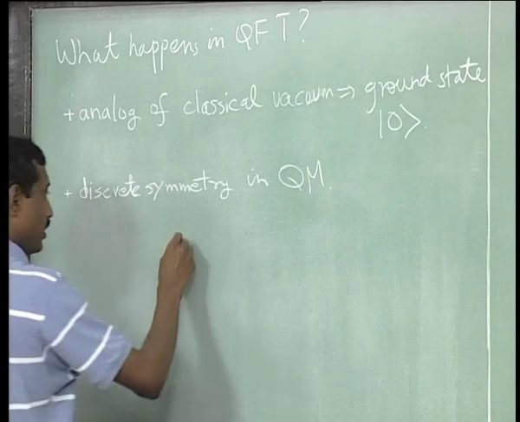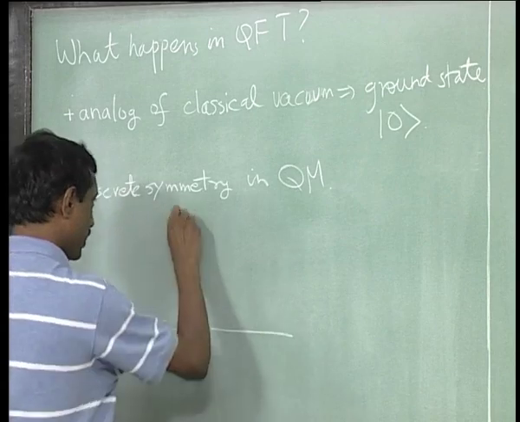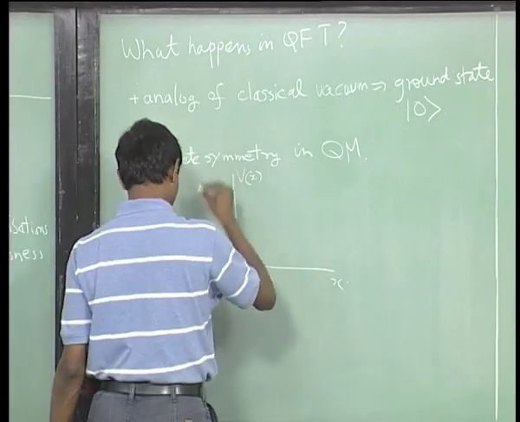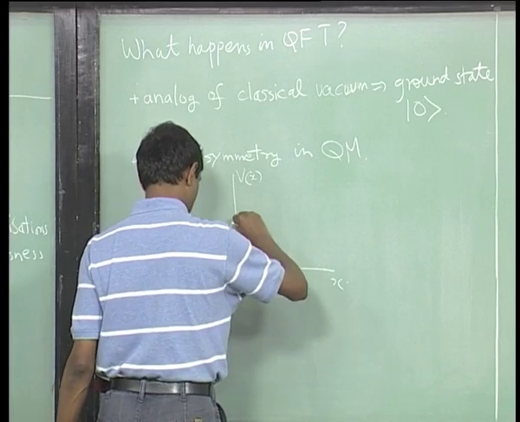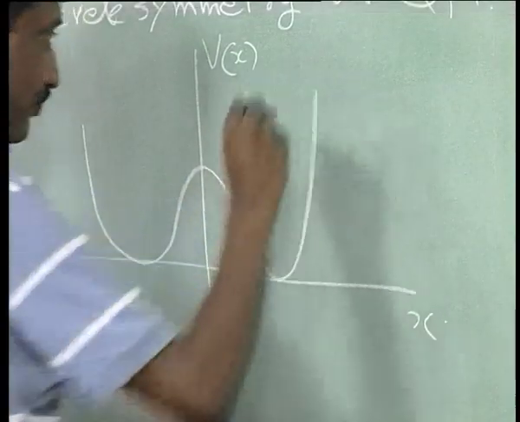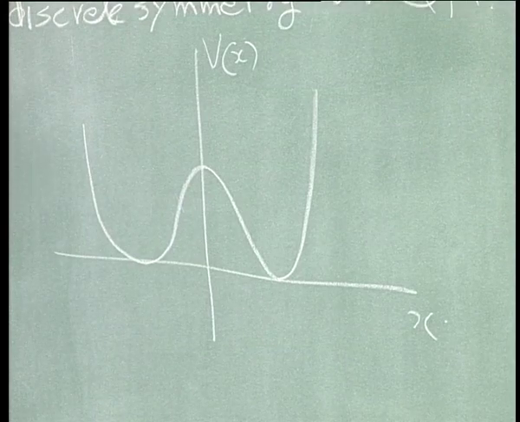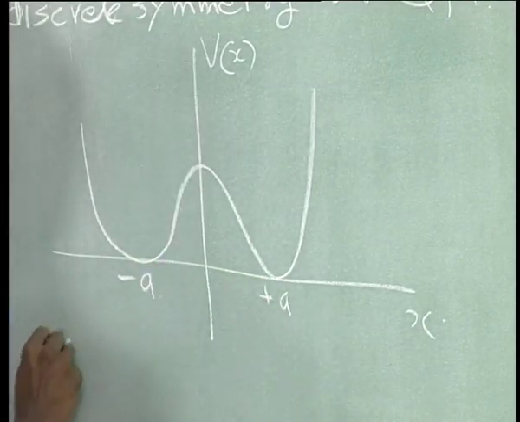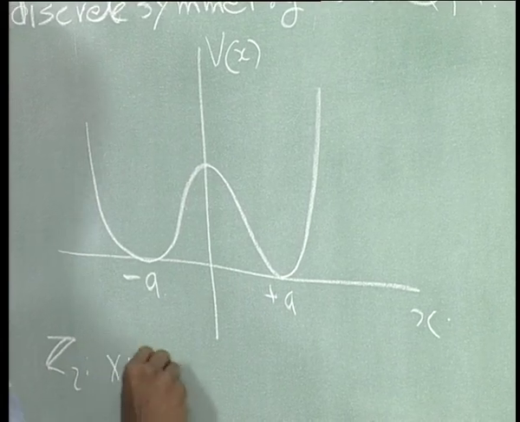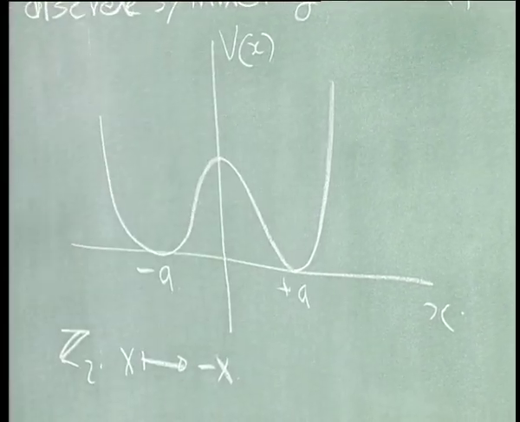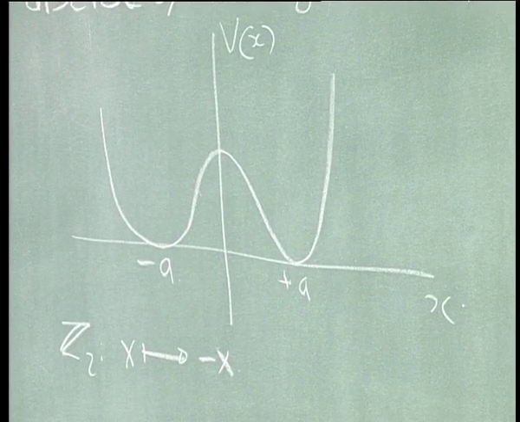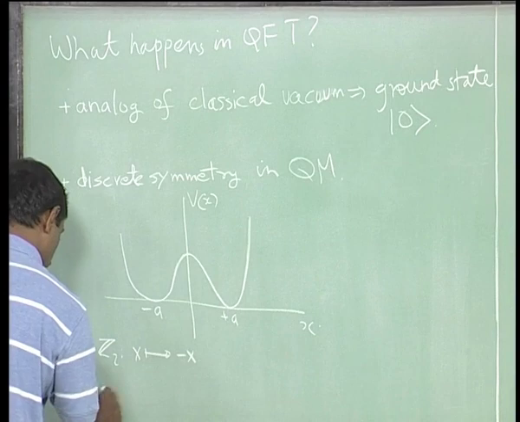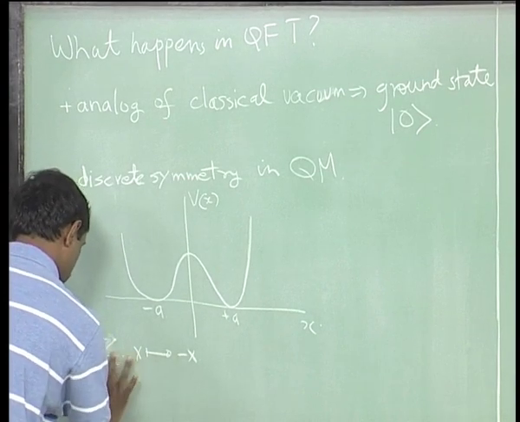Suppose you have a simple potential in quantum mechanics, again a double well kind of thing, at plus A and minus A, and let us say there is a Z2 symmetry which takes x to minus x. So the potential has a symmetry in the theory. Let us call this generator H.